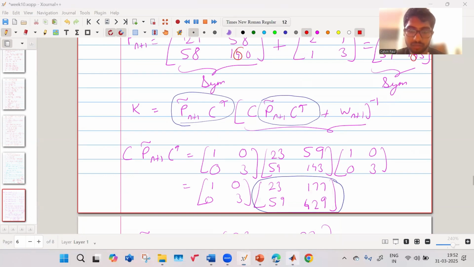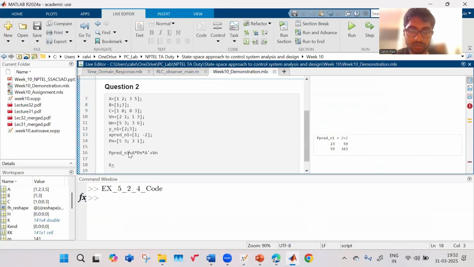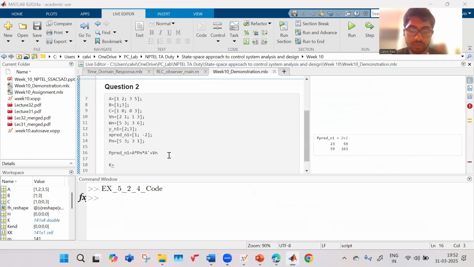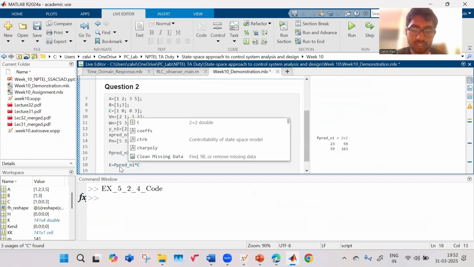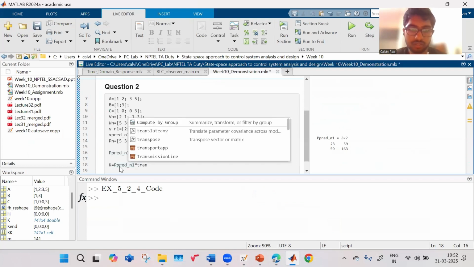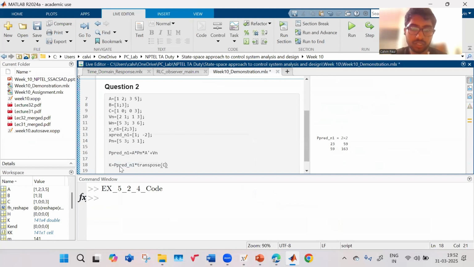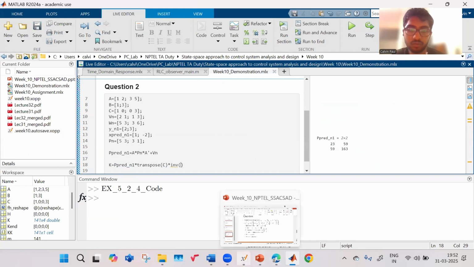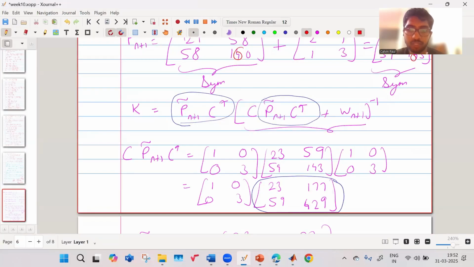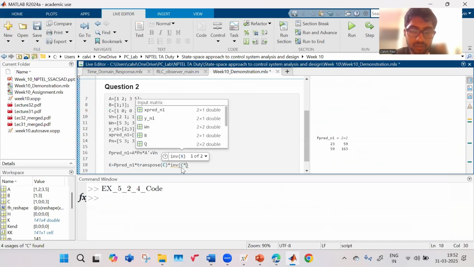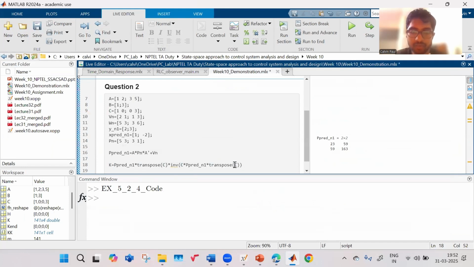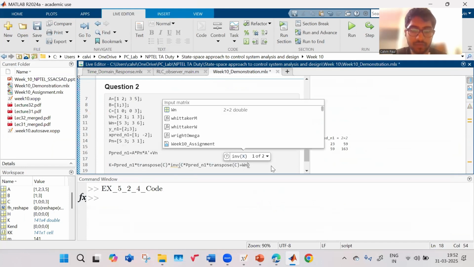K is P predicted n plus 1 into C transpose, into the inverse of C into P predicted n plus 1 into C transpose plus Wn.